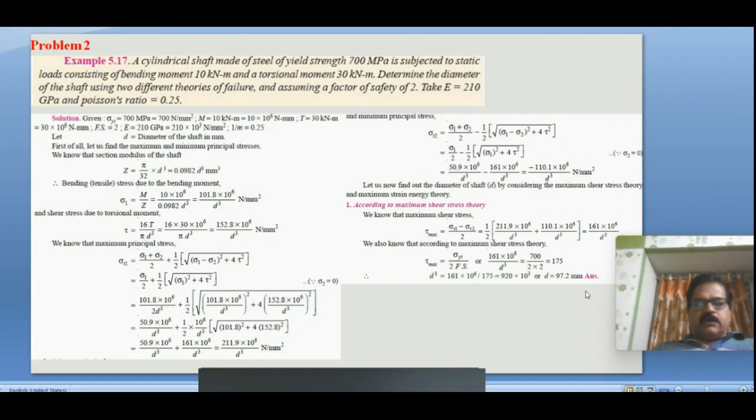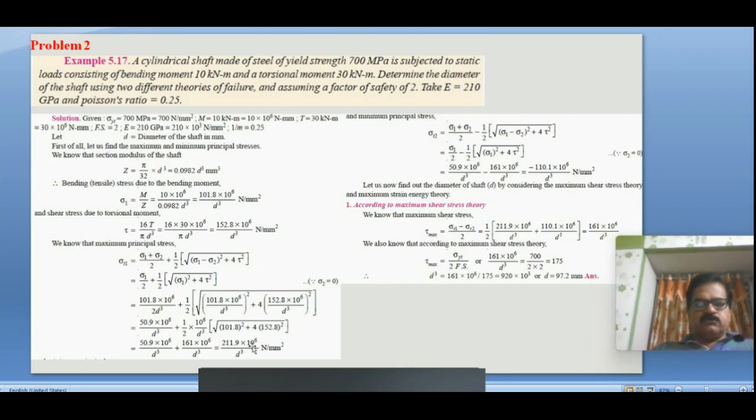So what we have done here, according to maximum shear stress theory, is sigma T1 minus sigma T2 by 2. Sigma T1 is the major principal stress and sigma T2 is the minor principal stress. Taking the plus symbol between these two we get the major principal stress, and the minus symbol gives the minimum principal stress, also known as minor principal stress.